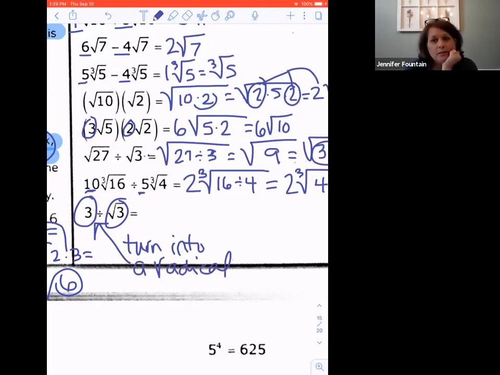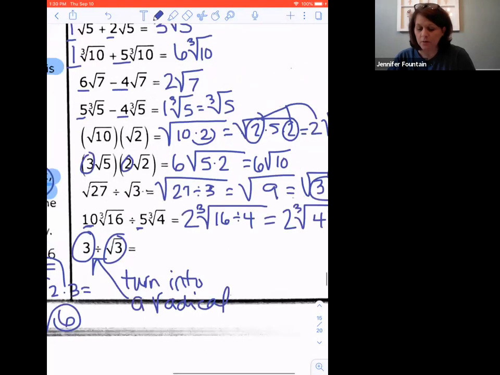So what I have to do is think about, if I want to turn it into a square root, then that's the opposite of having 3 squared.